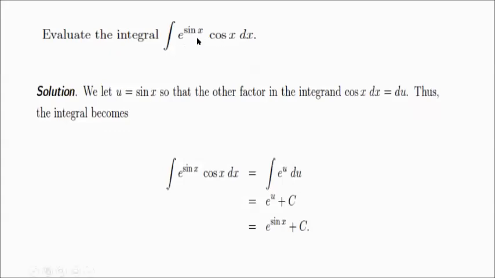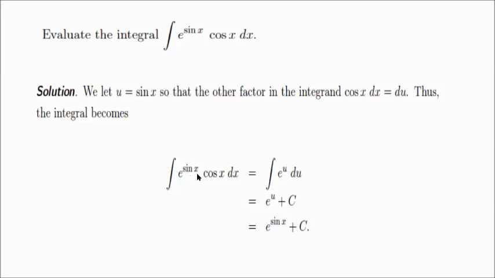Integral ng e raised to sine x, cosine x dx. So yung u dito, class, is sine x. Okay? And then derivative ng sine x is cosine x. And then isub ulit.